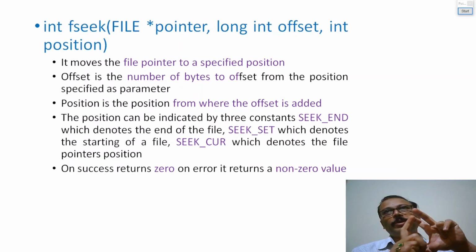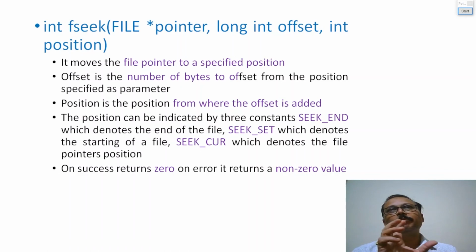The beginning is SEEK_SET, SEEK_END is the end of the file, and SEEK_CUR is the current location. They are predefined constants. You have to use them as they are. So the position can be indicated by these three constants. In this place, you can write either SEEK_END, SEEK_SET, or SEEK_CUR.